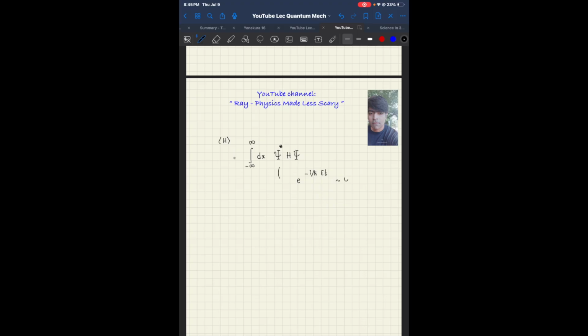This is the phase of psi. So the phase of psi star would be the opposite, the inverse, right? Which means this term actually doesn't arise, because they cancel from here and here.